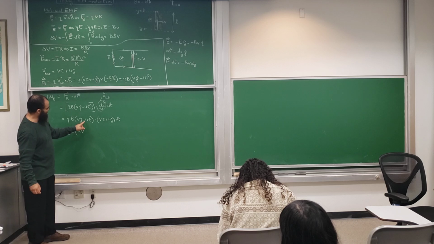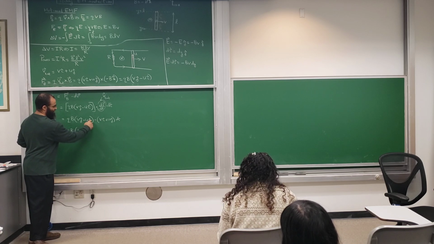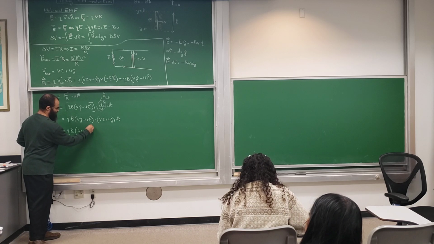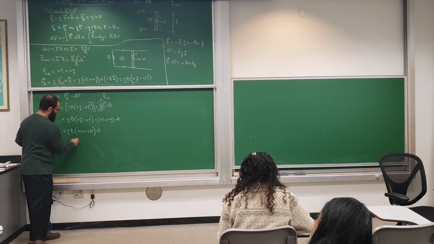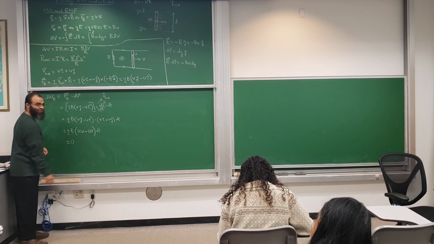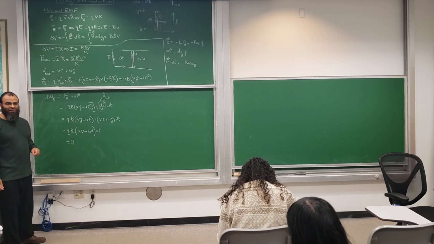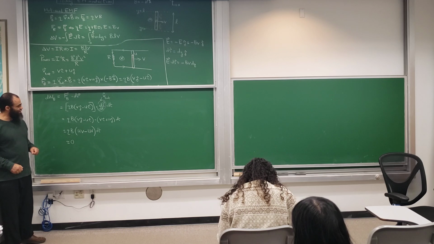And then minus UV, since i hat dot i hat is 1. And that's it. i hat dot j hat is again 0. So how much is this? 0. No surprise there. So the work done by the magnetic force is 0.